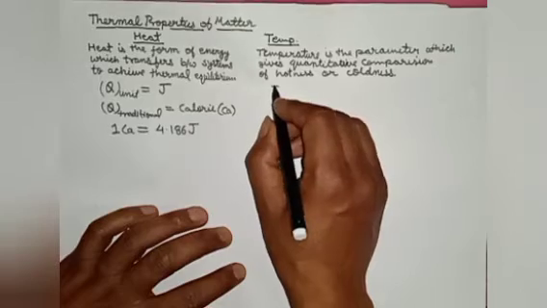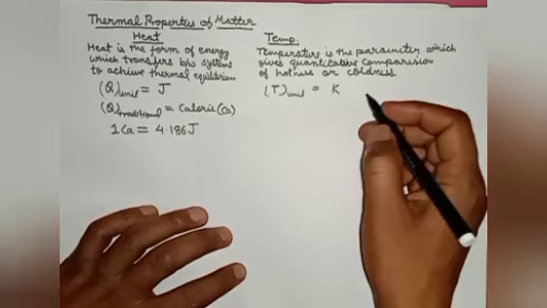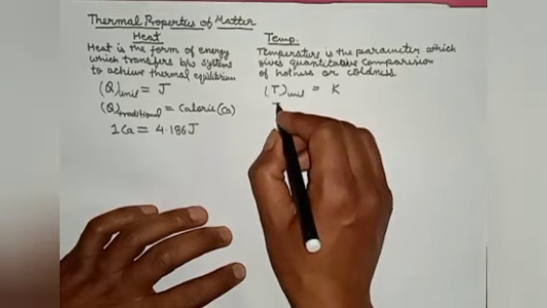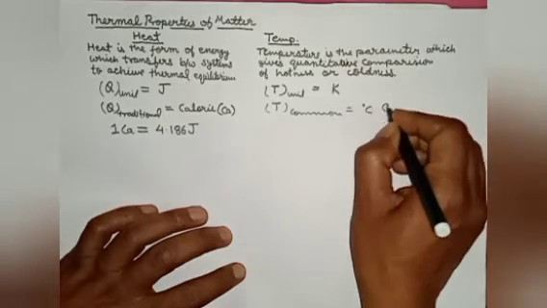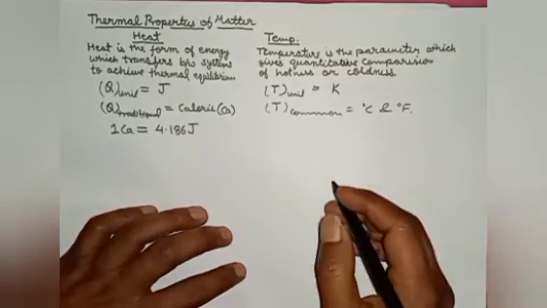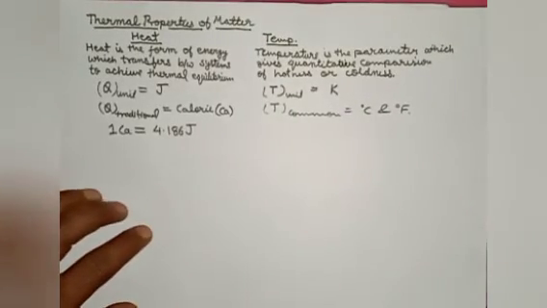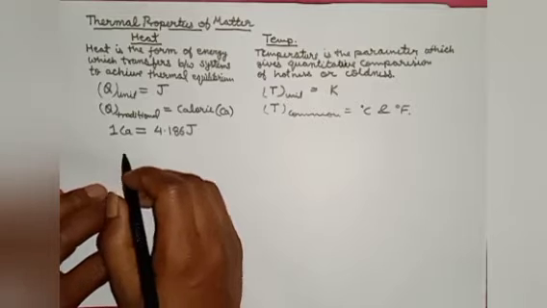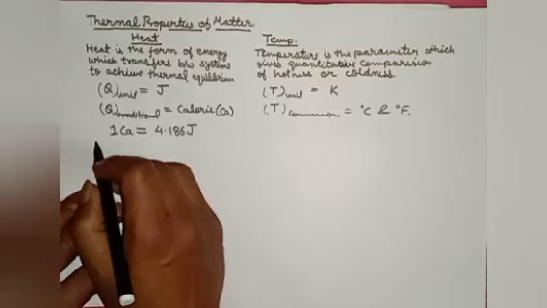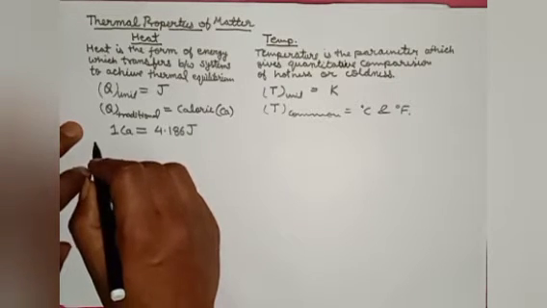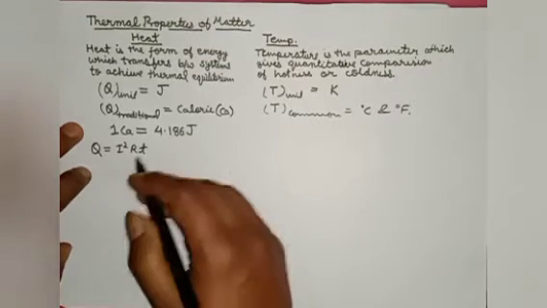So I'm going to tell you its unit only, which is Kelvin. SI unit is Kelvin. Other than that, common units are degree Celsius and degree Fahrenheit. As I told you, we don't have a particular formula to calculate heat, but you might remember this formula for a heating element.